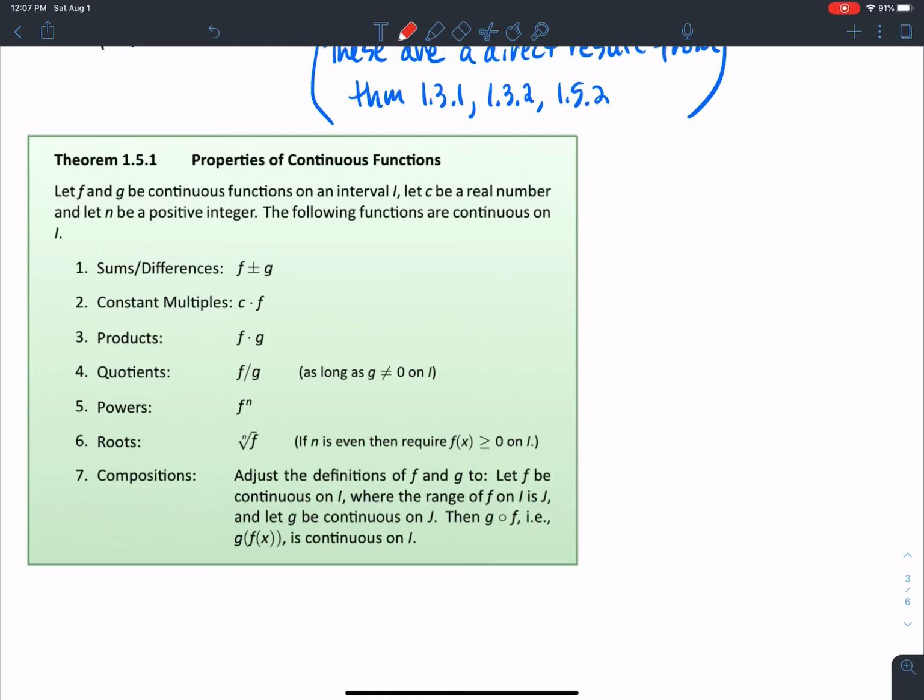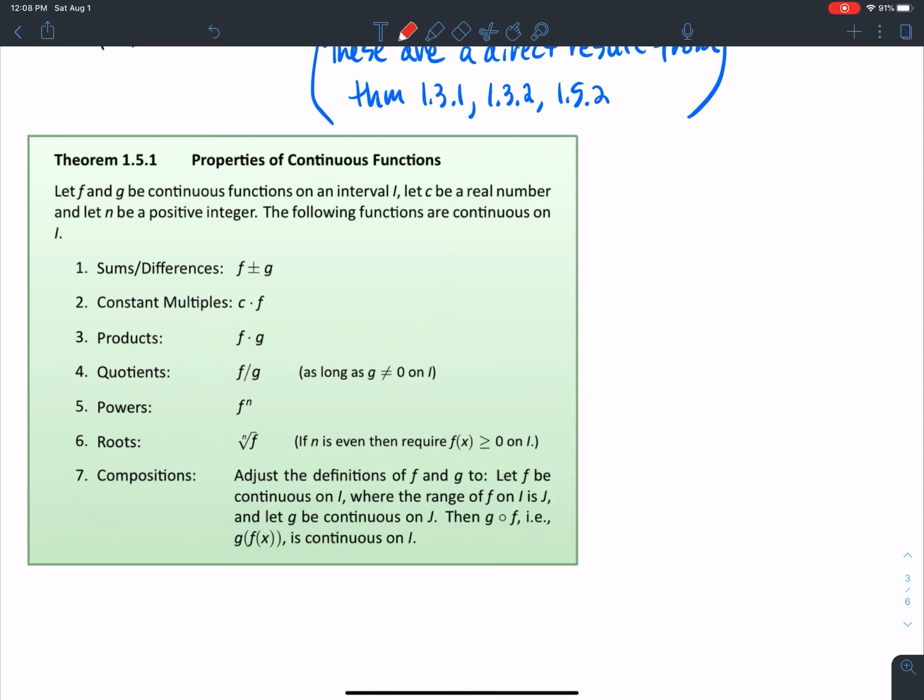We don't get too much into this, but adjust the definition of f and g to let f be continuous on I, the range of f on I is J, and let g be continuous on J. Then g composed with f is continuous on I. Okay?